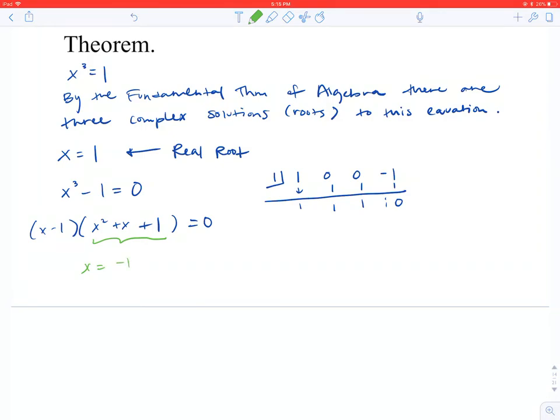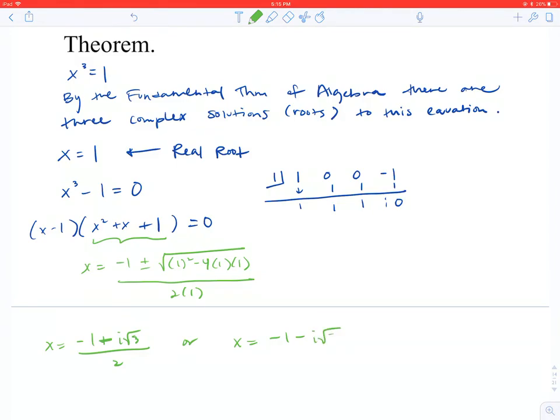So to see what the complex roots are, we have to actually use the quadratic formula. So x equals negative 1 plus or minus square root of b squared minus 4ac, all over 2a. So we get x equals negative 1 plus, that will be the square root of negative 3, which we can write as i times root 3, or x is equal to negative 1 minus i root 3, over 2.